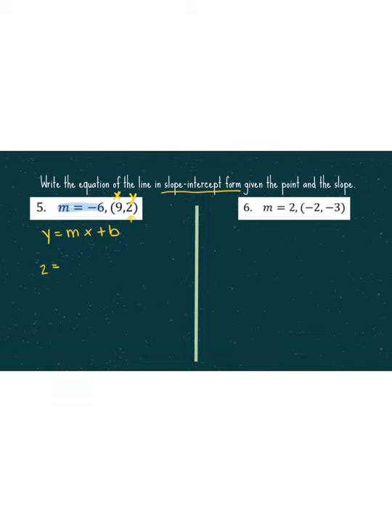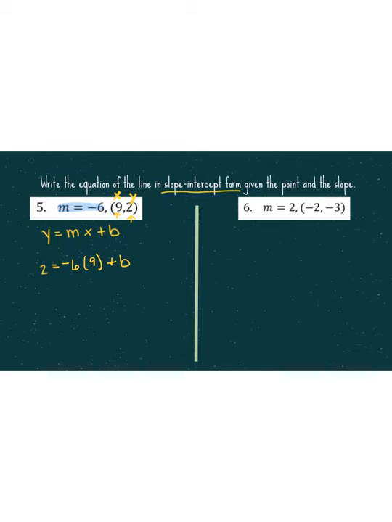So I'm just going to go back and put that negative 6 in where my m is, negative 6. And then I have to use parentheses because now it's asking for my x. My x, I'm finding my first set right there. So my 9 is that x plus b. And we don't know our b. So that's what we're trying to figure out right now.